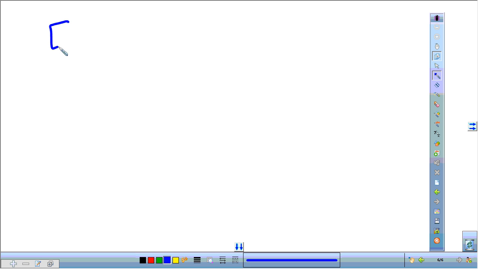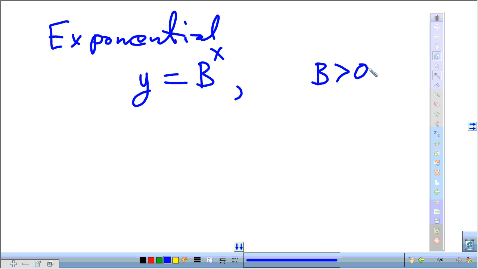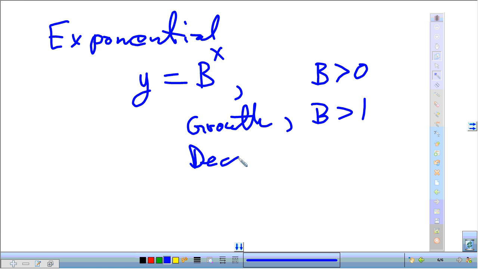So, basic exponential is y equal b to the x. And so b will have to be a positive number to define this. And we get growth when b is bigger than 1, and decay or decline when b is less than 1.